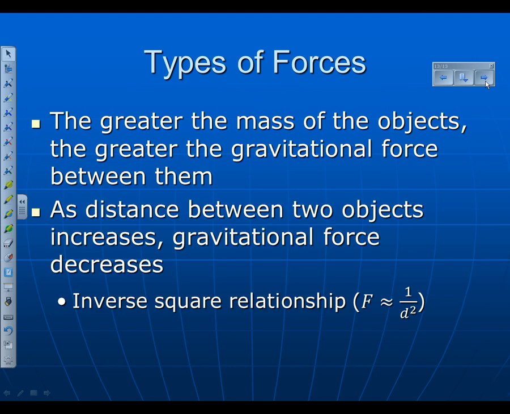But the amount of gravity that exists between two objects also depends on the distance between two objects. As the distance increases, gravitational force decreases. What kind of relationship does that sound like? Inverse. That's an inverse relationship. But when we take measurements about how much force there is versus how much separation there is between those objects, we find that it is not just a straight up inverse relationship.